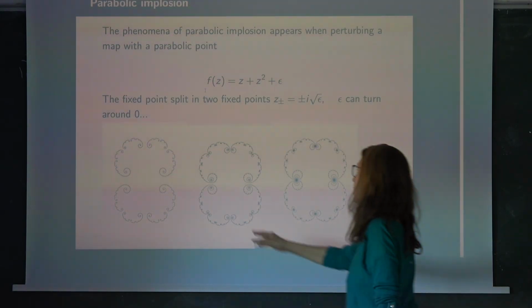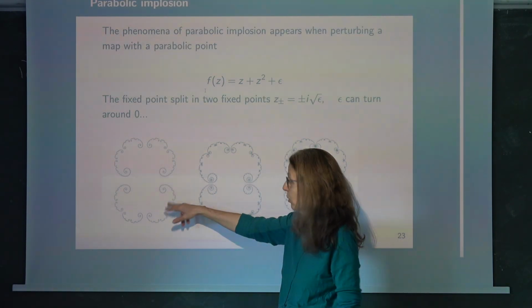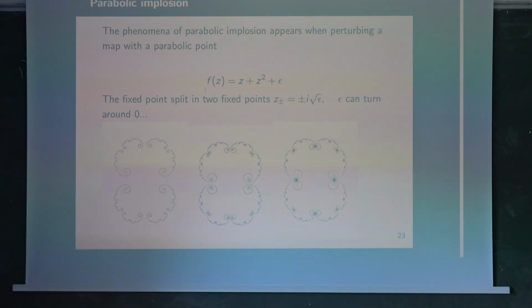In this case, you are outside of the Mandelbrot set. You cannot see because you are very far, but what you see is a Cantor set on each of these pictures.